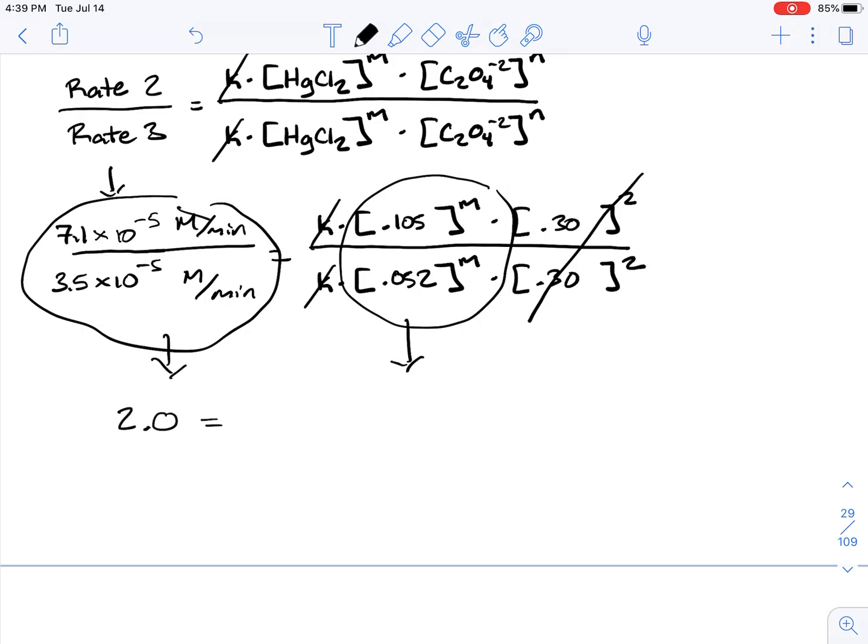Remember the units will cancel, so this is just unitless. And then I'm going to go ahead and factor out the m, so I have 0.105 over 0.052 to the m. If I plug that in, I get 0.105 divided by 0.052, and that's going to be 2.